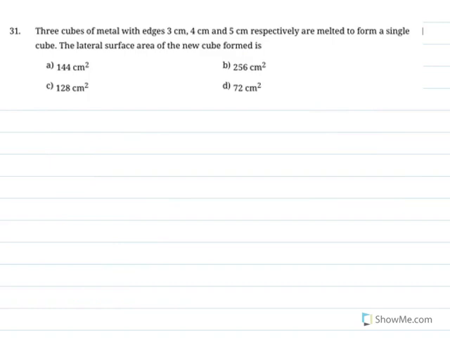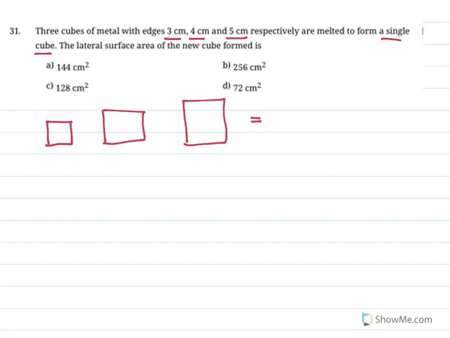3 cubes of edges 3 centimeters, 4 centimeters and 5 centimeters are melted to form a single cube. So you have 3 cubes, maybe 2 here a little bigger and the third, and these are all melted to form a single cube, one big cube.